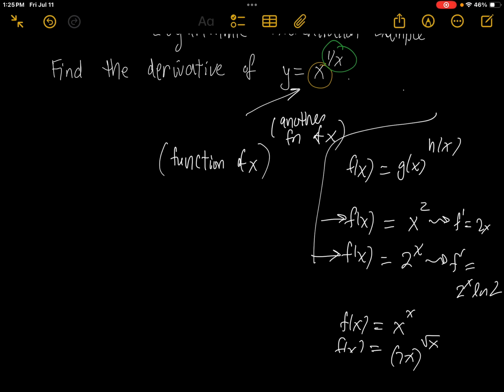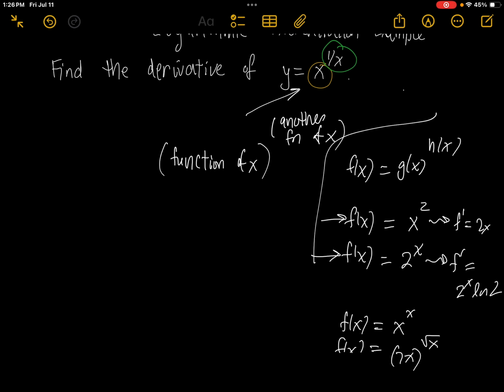For the first example, that only happens when you have x raised to a number. So x to the 7th power, and it doesn't even have to be an integer, it could be x to the pi power, x to the square root of 6 power. Then you can bring that constant down and then subtract 1 from the exponent. That's only when you have an exponent that's a number.